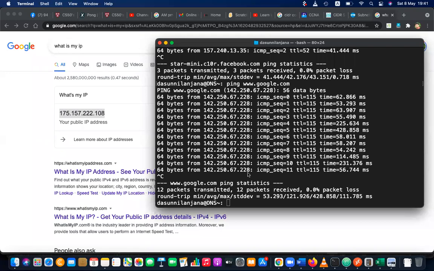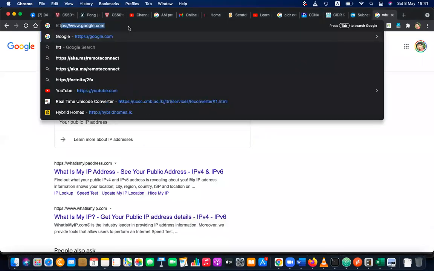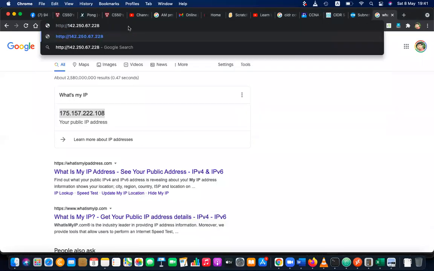Similar to that, if Google keeps changing their IP address, how can we access Google's service? Therefore, they have a reserved public address. This is called a static public address or reserved public address. You can type http:// and their public IP address and get their service.